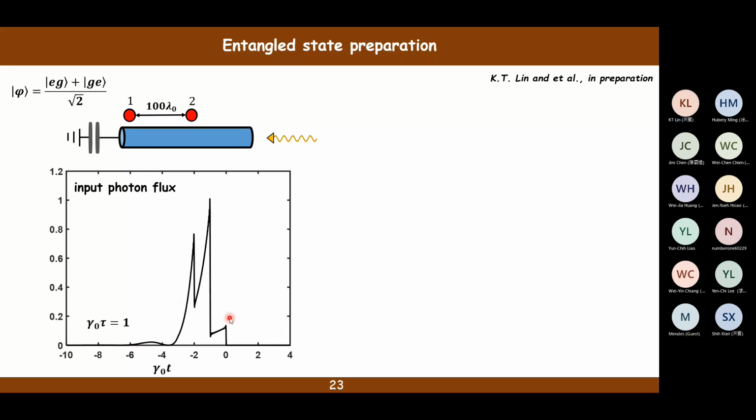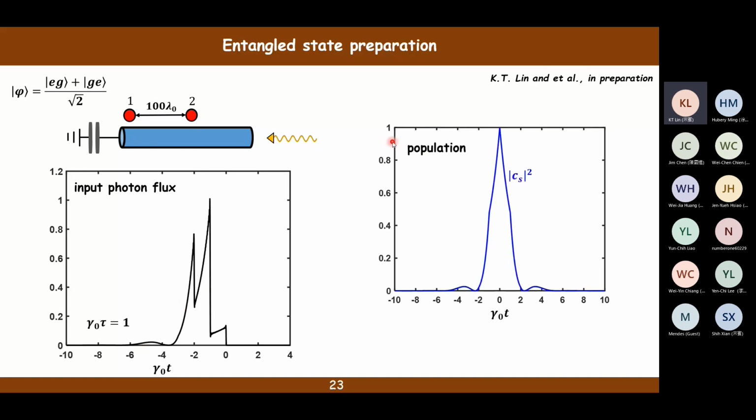To see if the target state can be prepared, we calculate the corresponding population of this symmetric state. After the loading stage, the population reaches 100%. This means that the desired state can be prepared with 100% efficiency. So in principle, we can use this time-reversed photon to entangle two nodes of qubits.